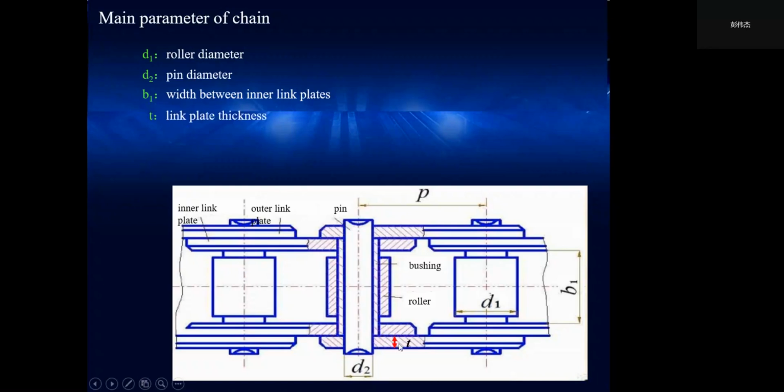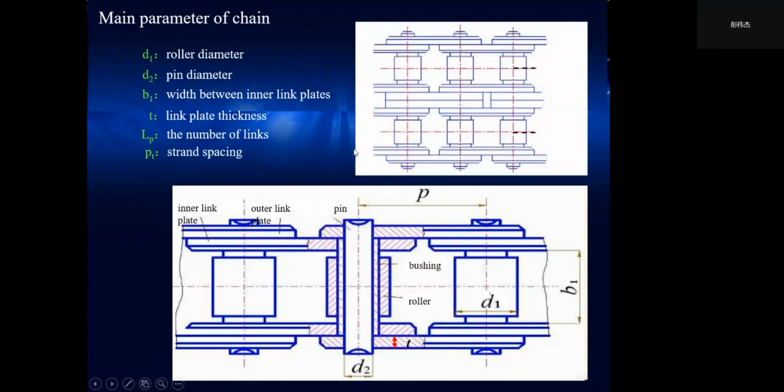T is the link plate thickness. PT is strand spacing, and LP is the number of links.